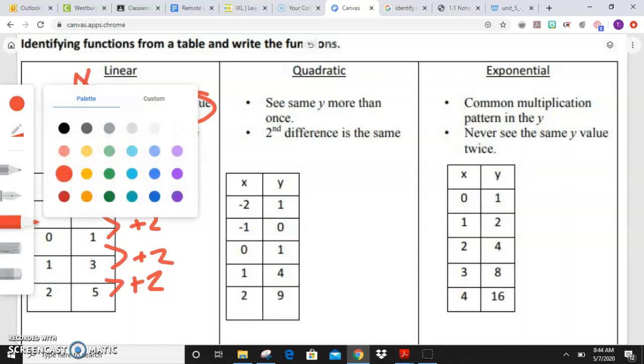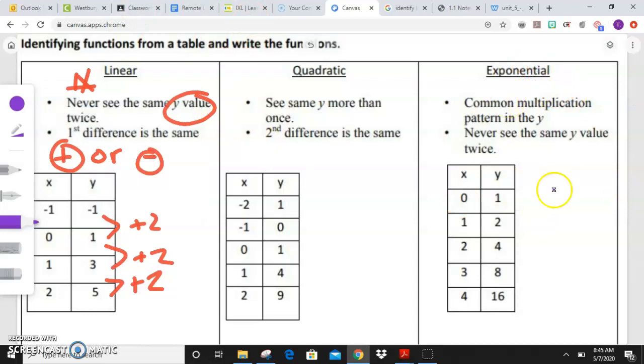Let me change the color. I'm going to go over to exponential, because exponential is also easy, just like linear is. Again, we're only looking at the y value. The y value is never going to be seen twice.